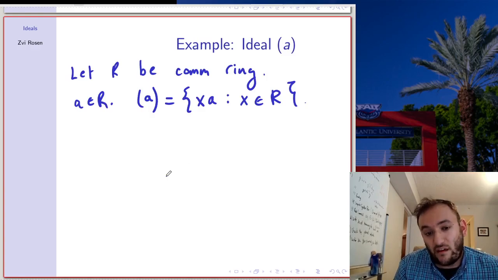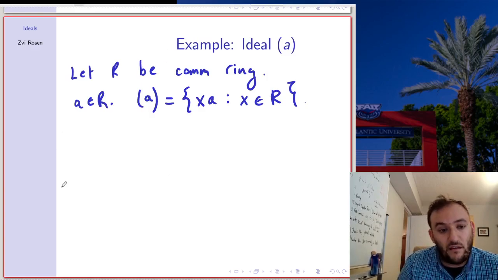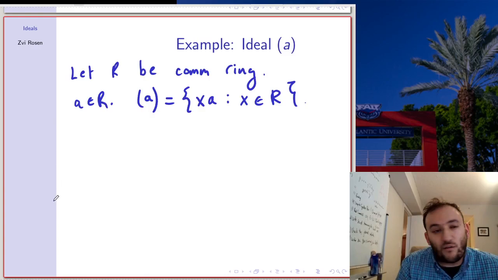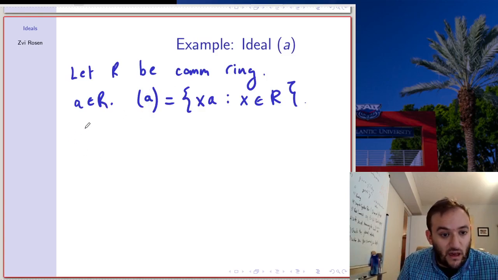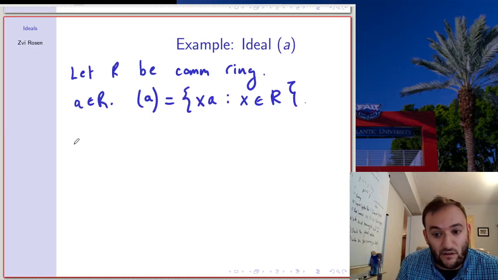So just anything multiplied by A. And you might ask, well, ideals are always the kernel of some homomorphism. So what homomorphism has this as a kernel? And it's quite simply the homomorphism sending A to 0.